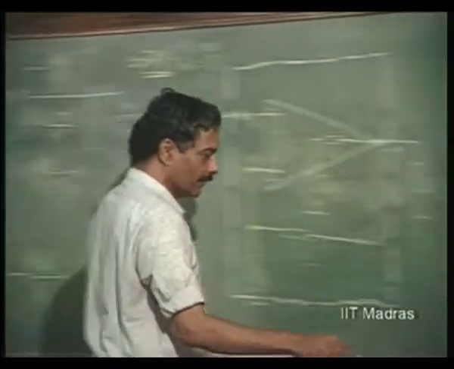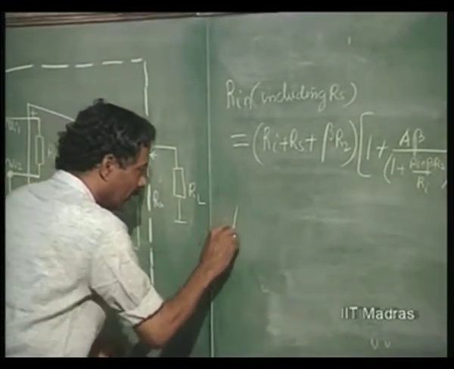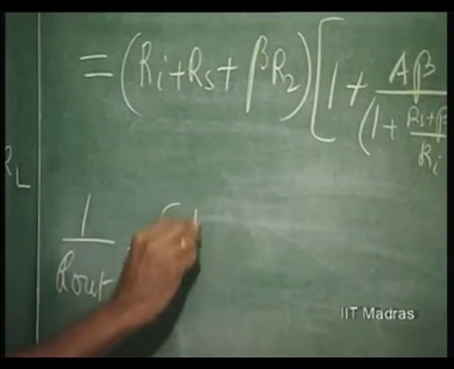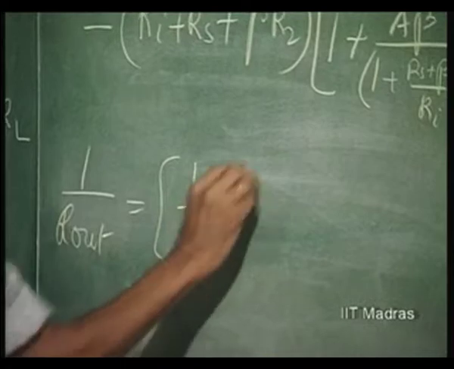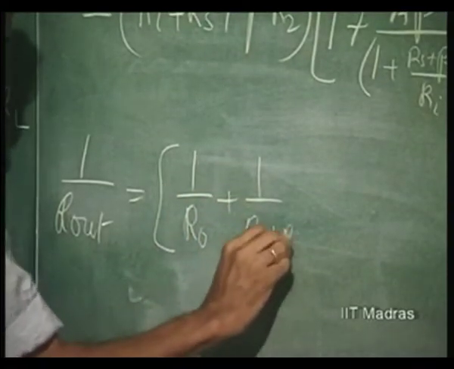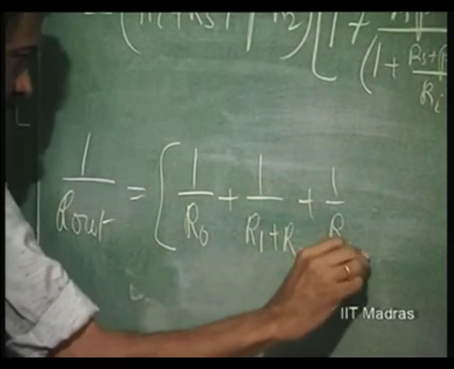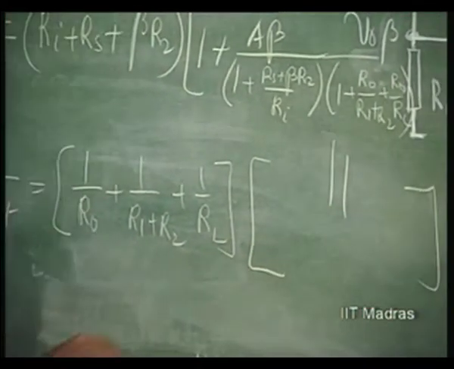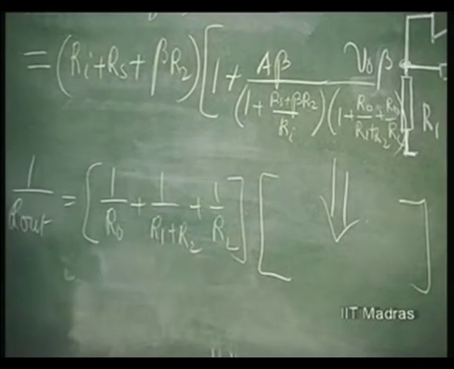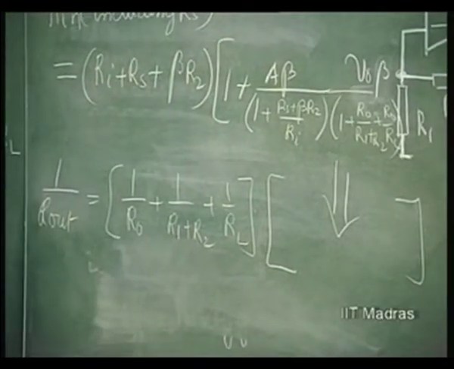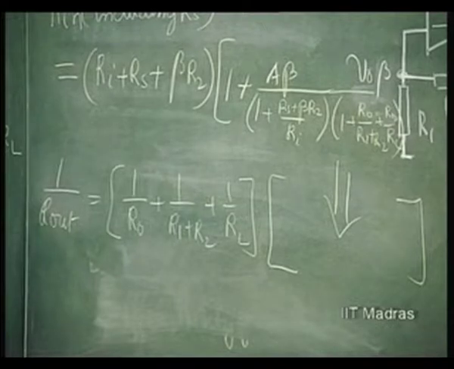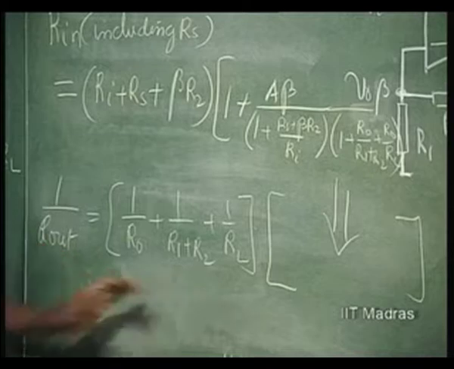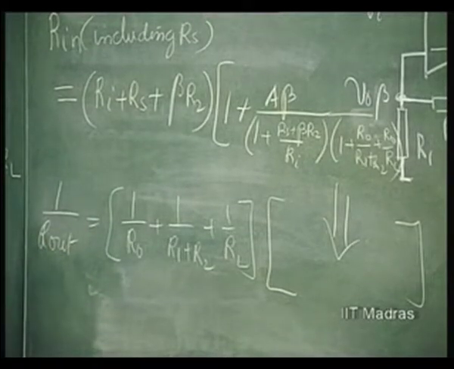So, original output impedance, okay, 1 over R out is going to be this, this is the original output conductance into the same factor in which you have to remove the effect of 1 over RL, this 1 over RL that is coming here.